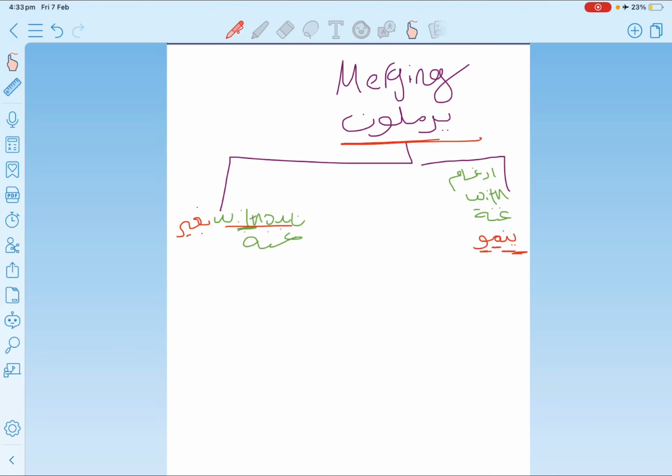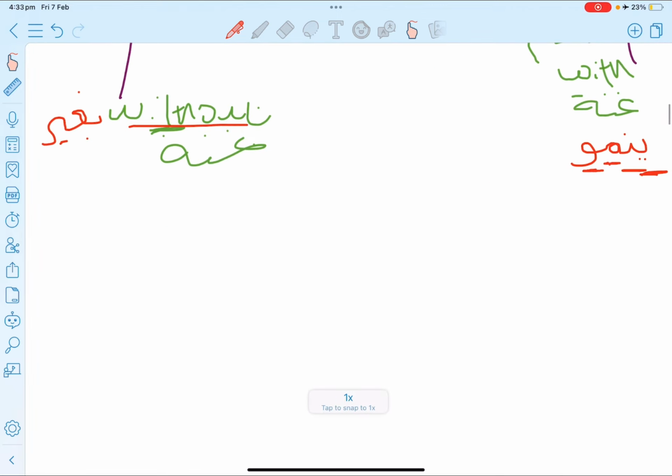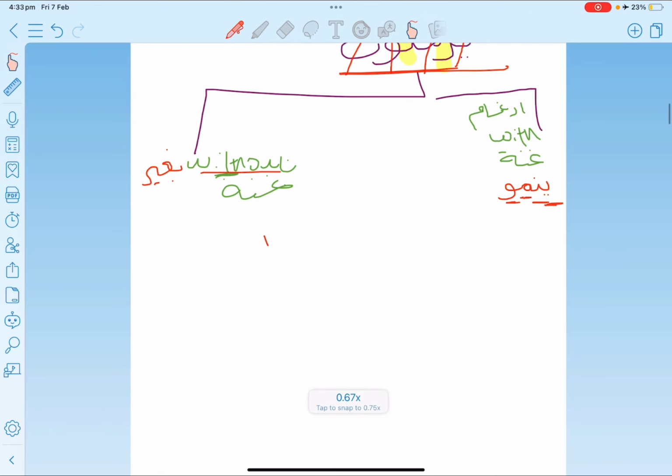Only 2, because you see Ya, Noon, Meem, Waw. So there are 2 letters left, the Lam and the Ra. So the letters of Idgham without Ghunna are Lam and Ra. 2 letters here.